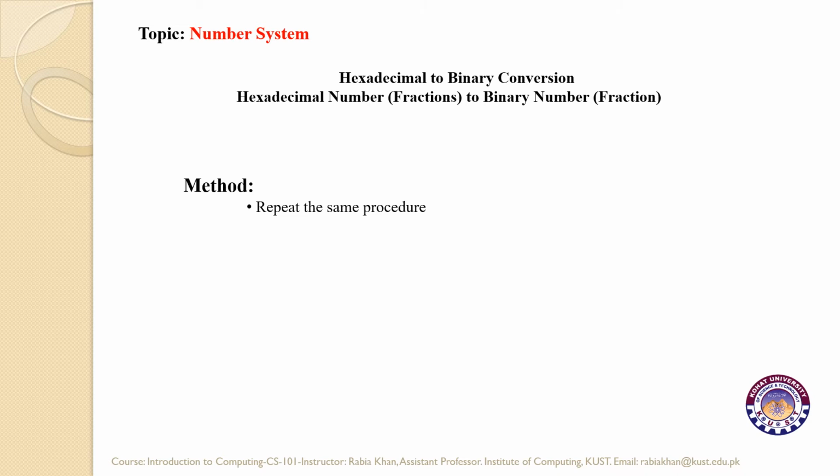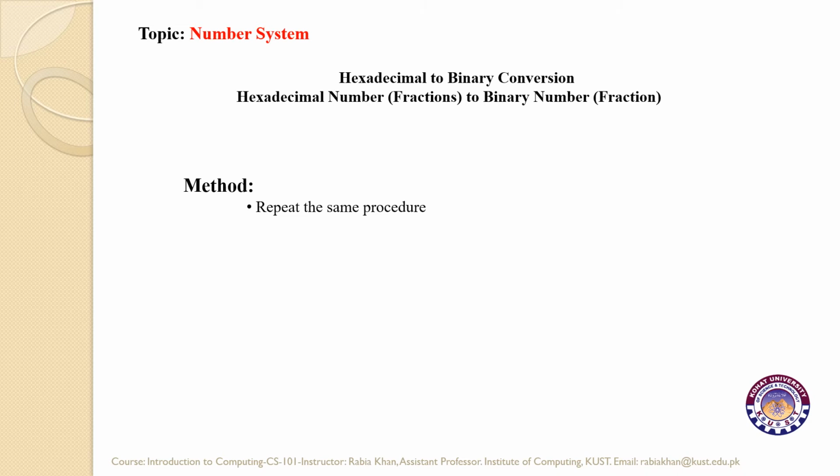Now let's see how we can convert the fractional numbers. If you are given a hexadecimal number having a fractional part, how can you convert it into a binary fraction that would again have a fraction part? The method says we need to repeat the same procedure as we have just performed for the whole numbers.